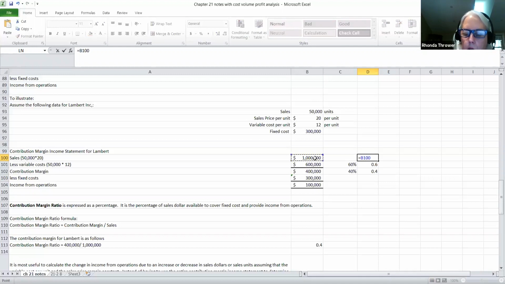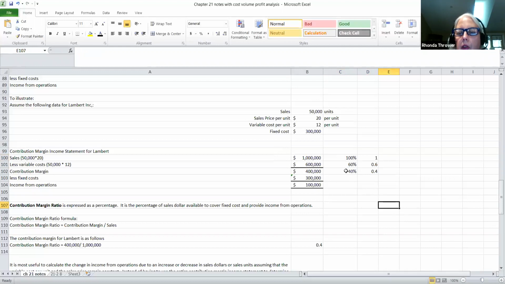If we take the sales and divide it by the sales, it will give you 1, which is equal to 100% if you changed it to a percentage. So what we need to know is the relationship between these numbers. Sales is always equal to 100%. If sales is equal to 100%, then my variable cost percentage will be equal to 60%, because 600,000 divided by 1 million is 60%.